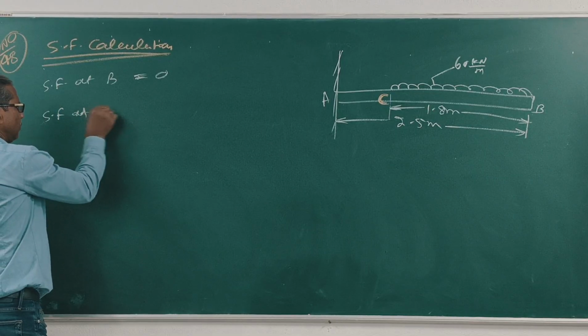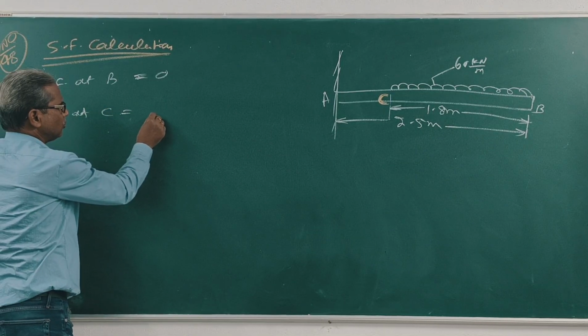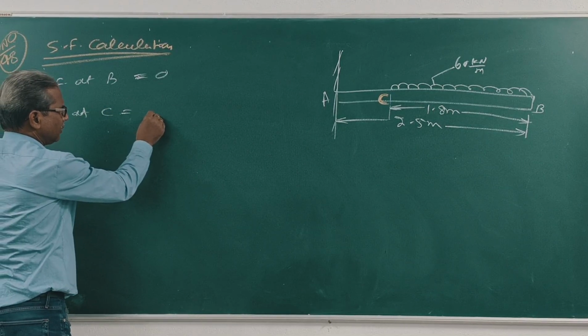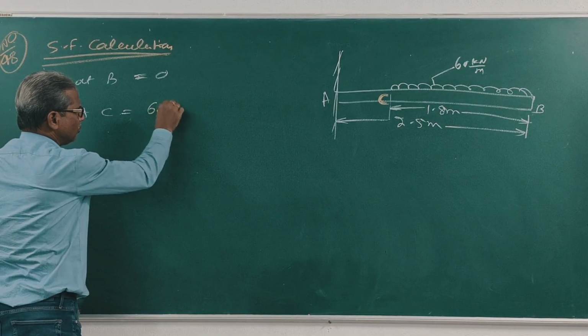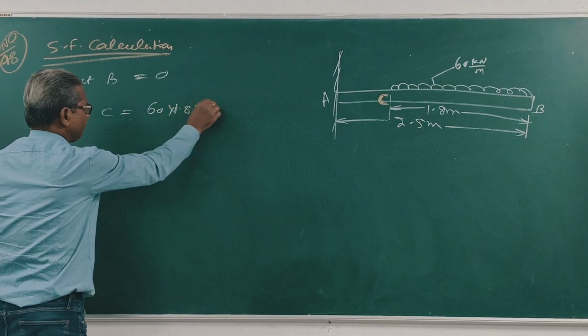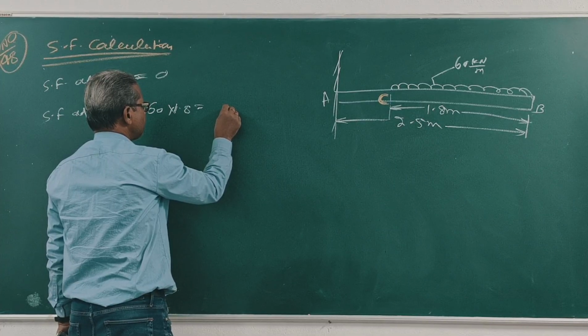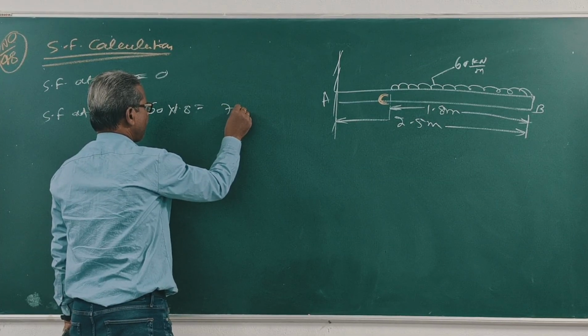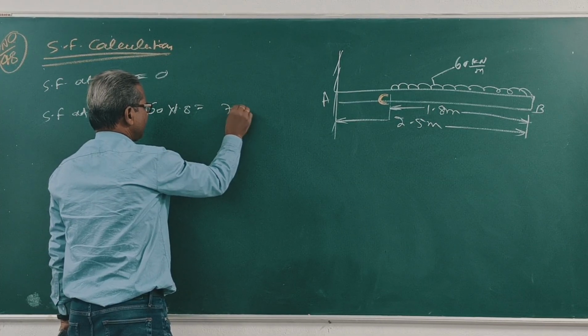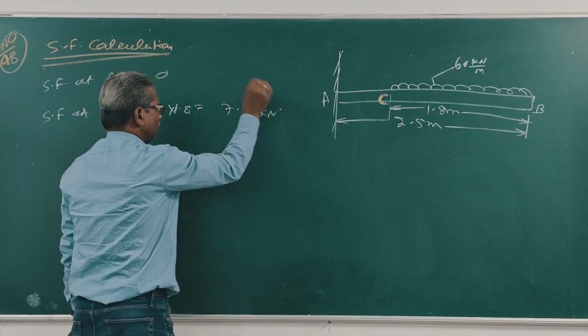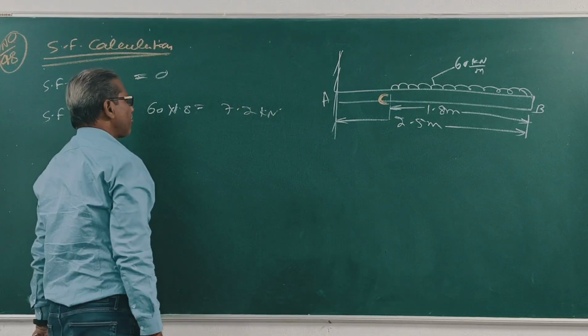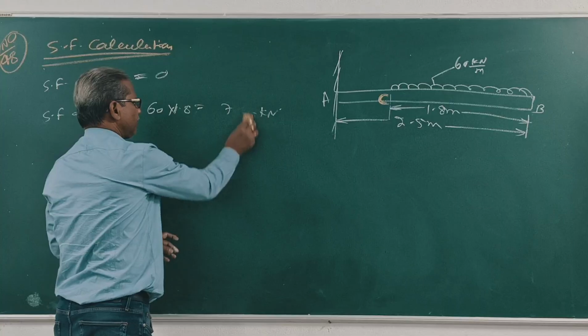Shear force at C is equal to w x, that is 60 into 1.8, which is 108 kilonewton.